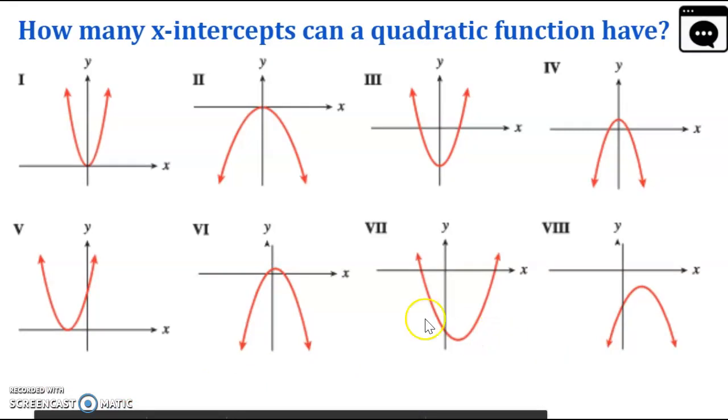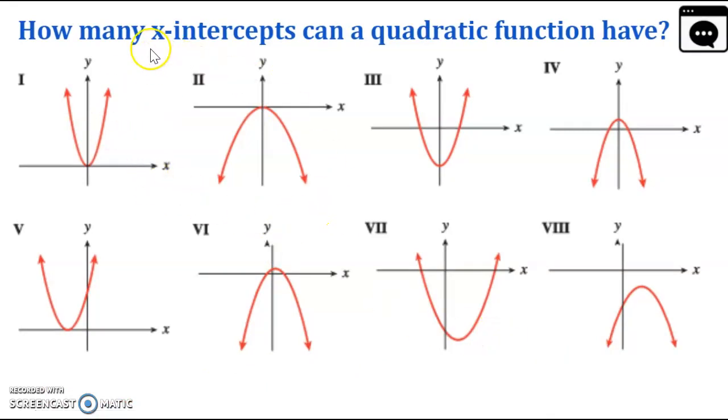What about x-intercepts? Same problem, but this time we're asking how many x-intercepts can a quadratic function have? Let's look at the first one. X-intercept, where does the graph cross the x-axis? It actually just touches. It does not go over to the other side. It just touches it at one point and then goes back out.